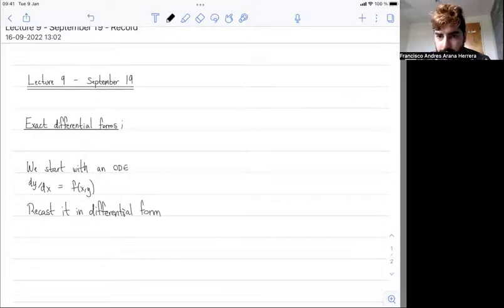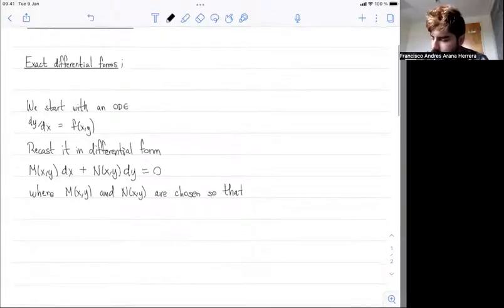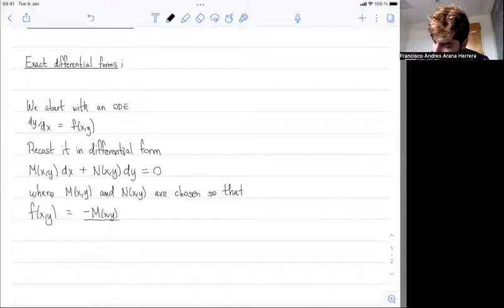We write this equation as M(x,y) dx plus N(x,y) dy equals 0, where M(x,y) and N(x,y) are chosen so that f(x,y) is equal to minus M(x,y) over N(x,y). This is sort of what we mentioned last time.